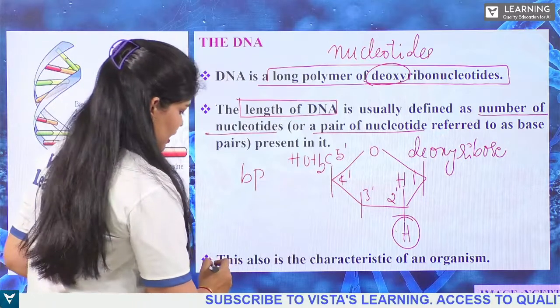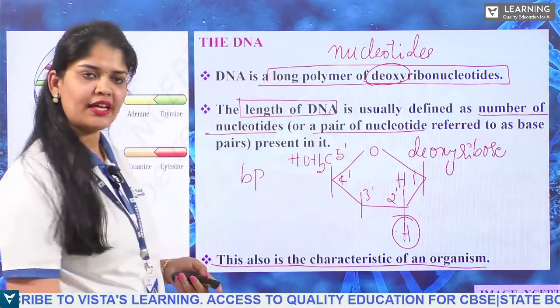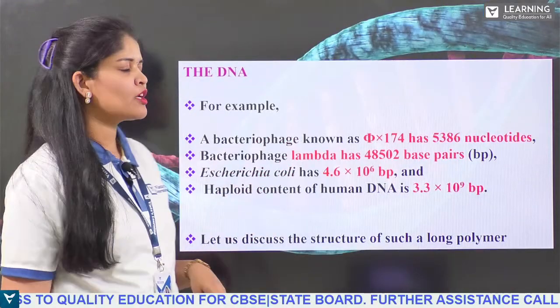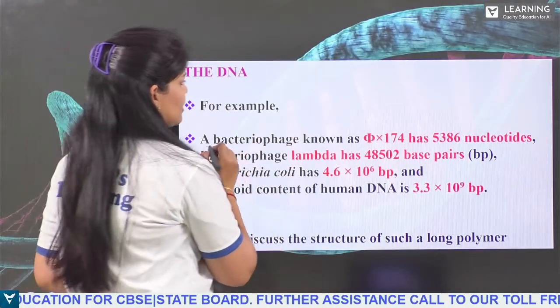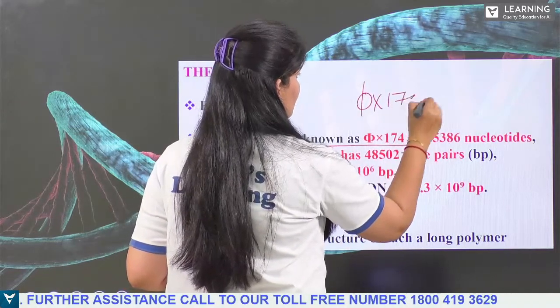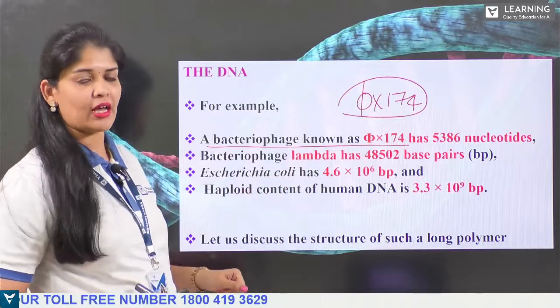Now, this length of the DNA is a characteristic of an organism, right? These are numericals that have to be remembered. For example, this is a bacteriophage, and lambda is also a bacteriophage.